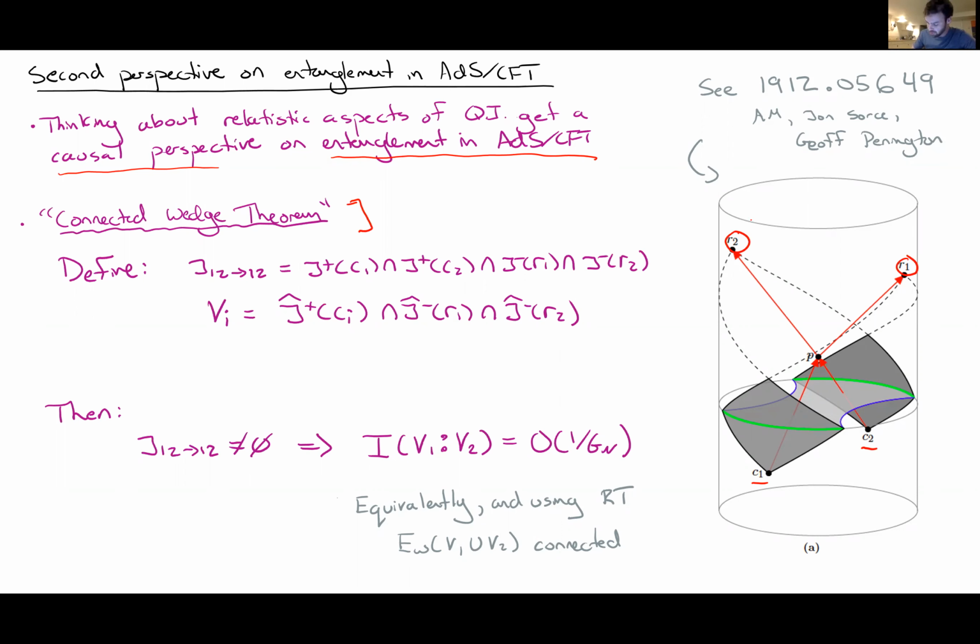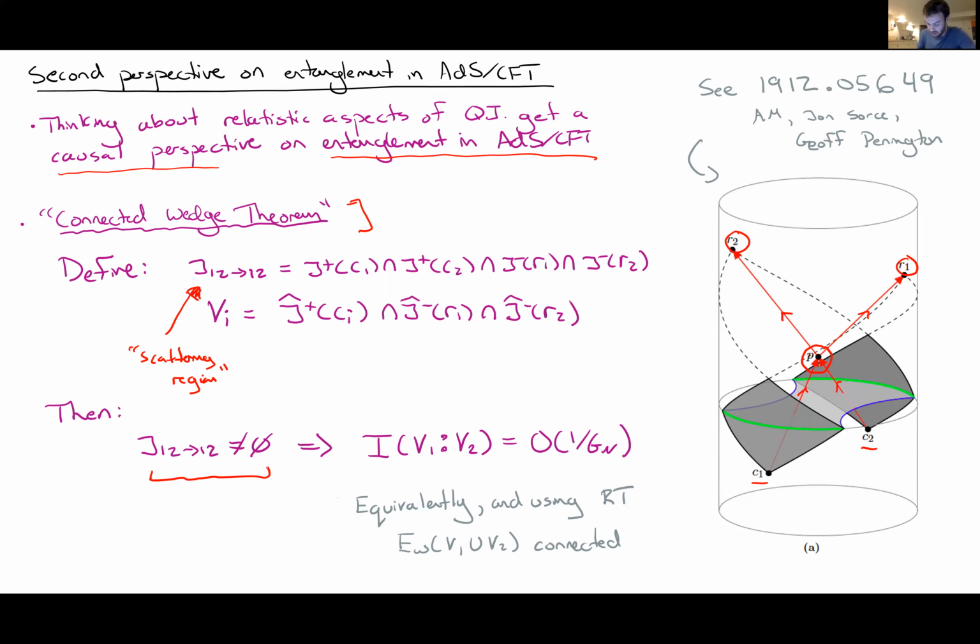By scatter in the bulk, I mean there's somewhere in the bulk, let's call it P, which is in the future of C1 and future of C2 and past of R1 and past of R2. In other words, this spacetime region I'm defining here, which we'll call the scattering region, we're looking for cases where that scattering region is not empty.